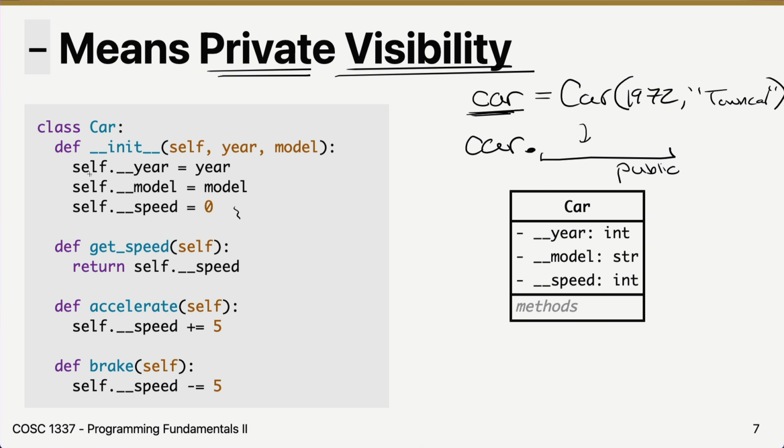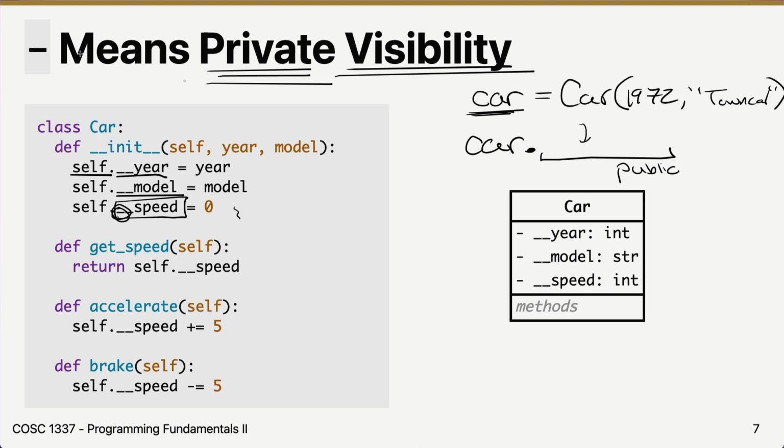So here I've got self.__year and __model and __speed. In Python, whenever I have the name of something like a data attribute or a method that begins with at least one underscore, it's considered to be private. And that means I should not access it out here.